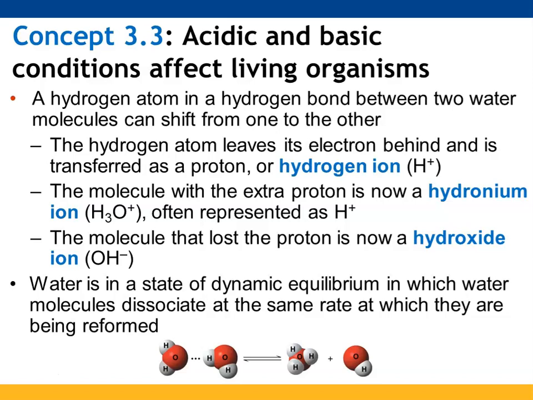So this is an equilibrium process where you will eventually reach the point where the rate at which the reactants are being consumed to form products and the rate at which the products are being broken down to reform the reactants are going to be equivalent. The equilibrium value for this reaction is pretty small because not a lot of the water molecules are going to go through this process. But the amount that do is going to play a role with your pH scale.